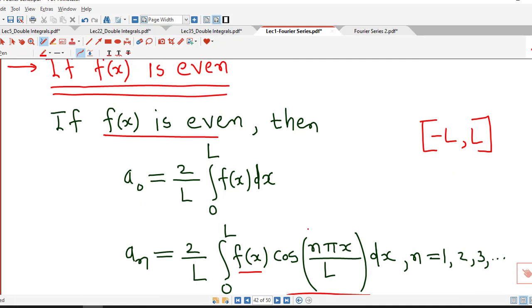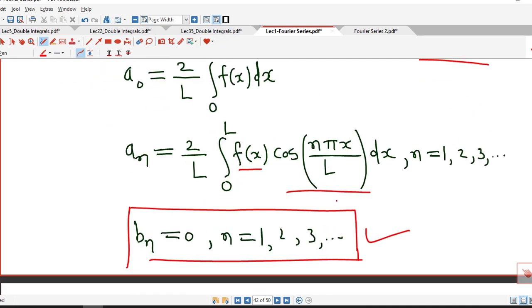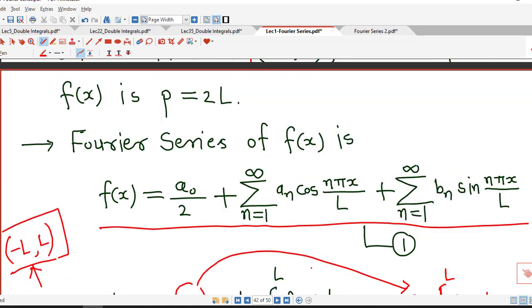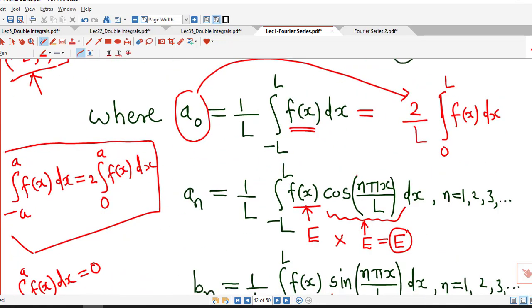So we will remember, if function f(x) is even, then Fourier coefficients bn are 0. So if we consider bn equal to 0, then in the Fourier series these sine terms will vanish and our Fourier series will contain only cosine terms.